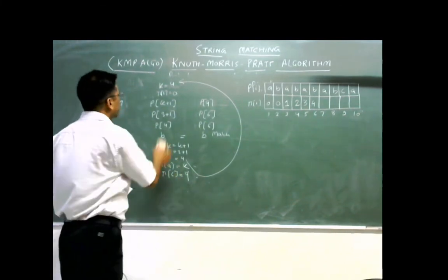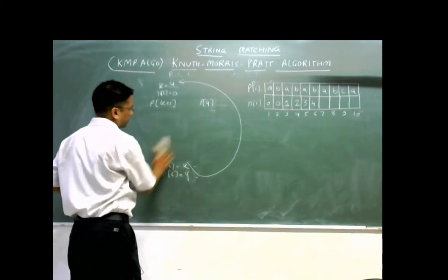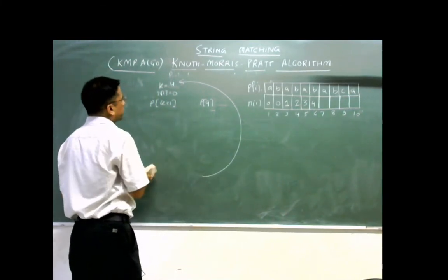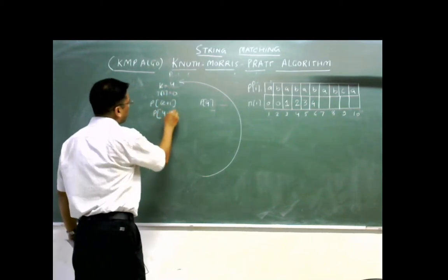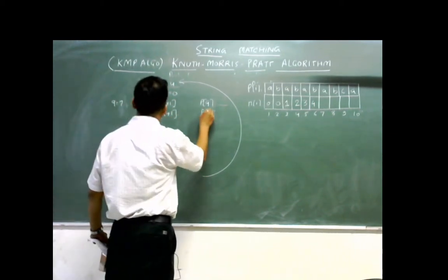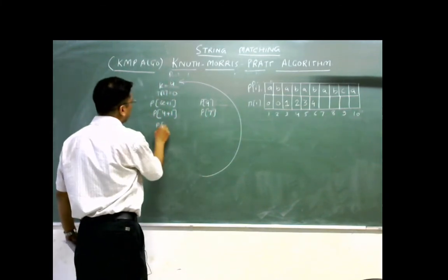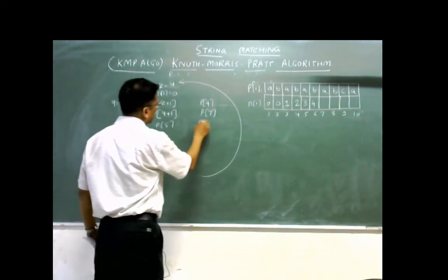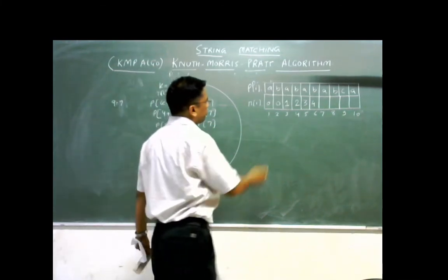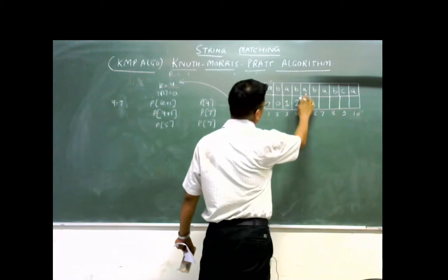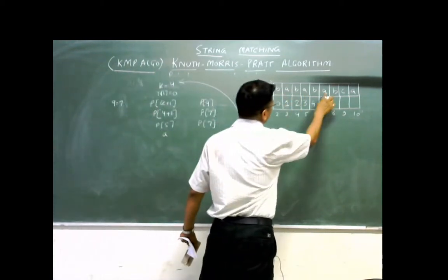So for q equals 7, P[4+1] is P5 and P7. So P5 is equal to A and P7 is equal to A.